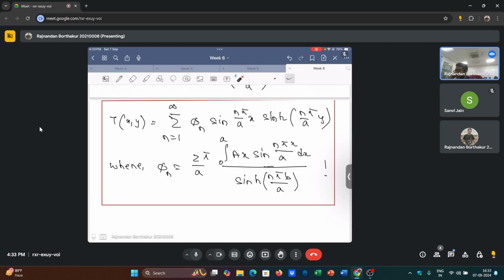I understand this is a big calculation, and yes, I agree that the method of separation of variables, although it is still used in many ways, is a little bit involved. Also there are a lot of assumptions.